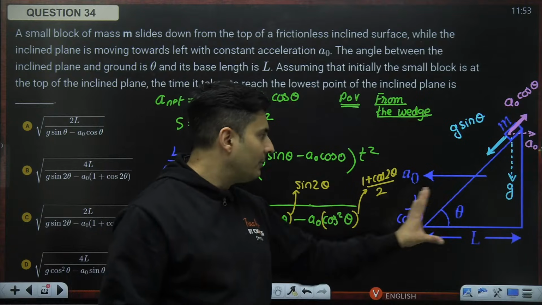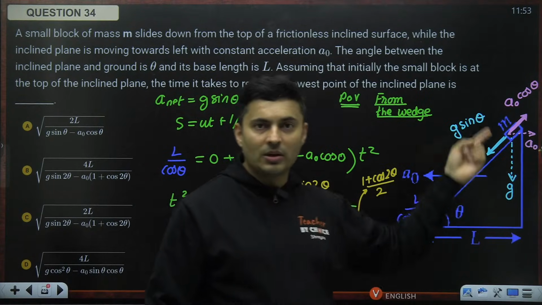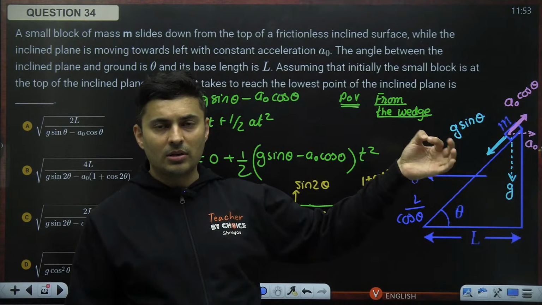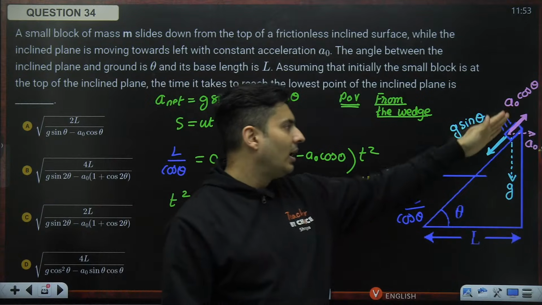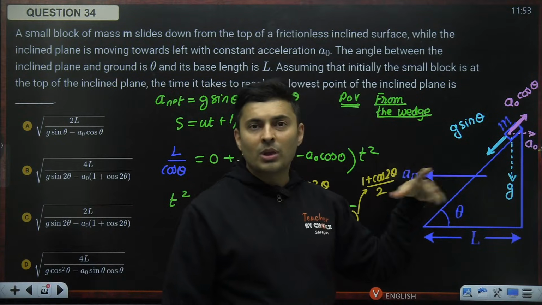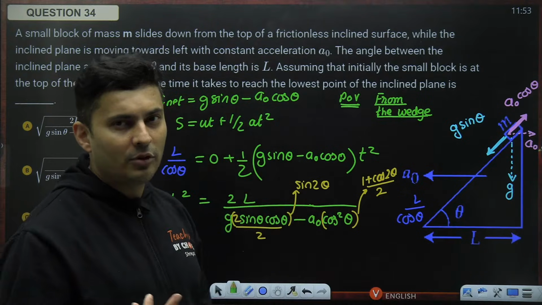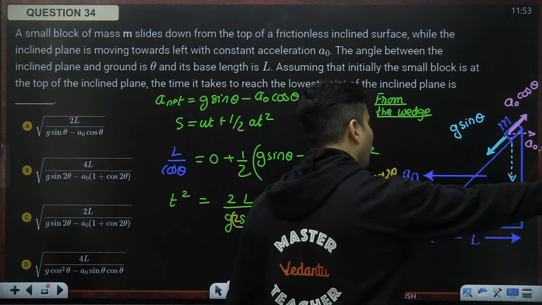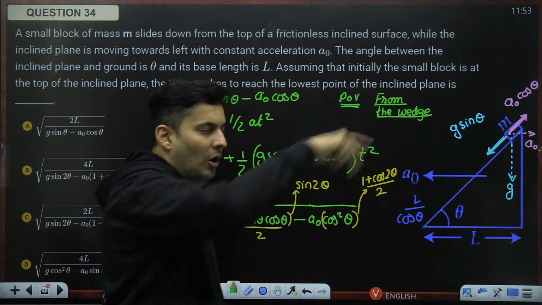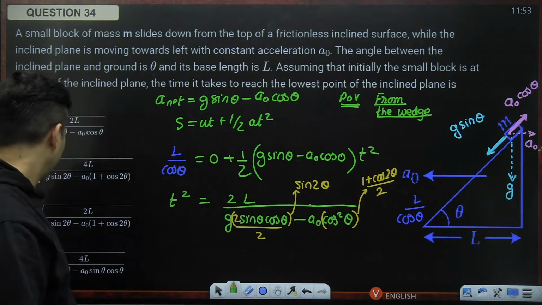Pseudo force will only come in a non-inertial frame because this length will be observed from the wedge. If you are on the ground, then the particle will move very differently. It will not move along the incline. It will have very weird motion. So we are not seeing it from the ground, we are seeing it from the wedge, non-inertial. That's why there is an opposite pseudo force, a component which counters the component of the gravity.